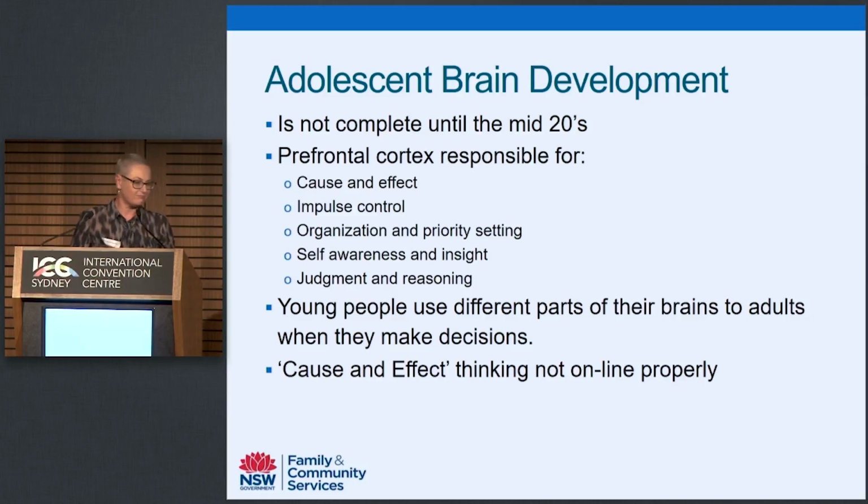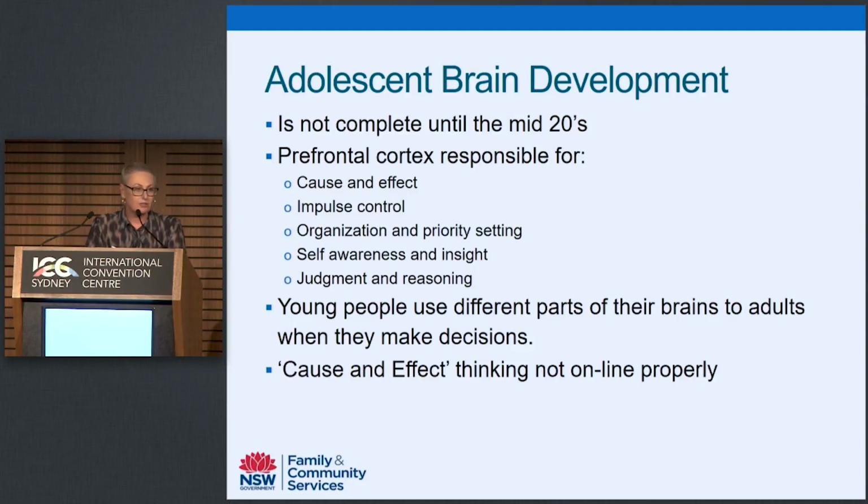Okay, so also important that young people use different parts of their brain to make decisions. No surprise. They're working from the emotional part of their brain. I think we can all agree on that. So the cause and effect, the figuring things out from this part of their brain is not as online for us.